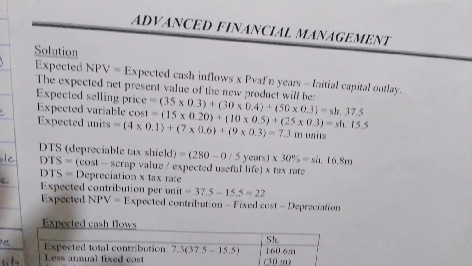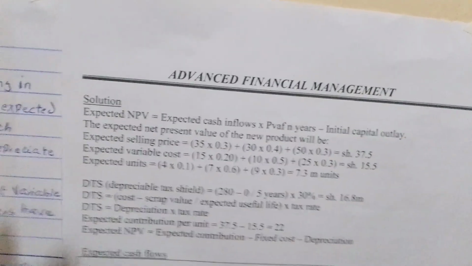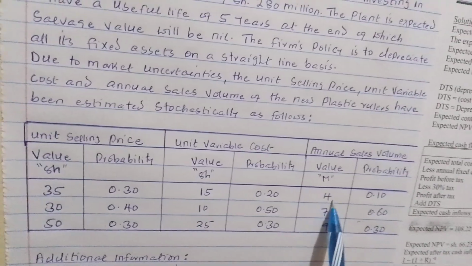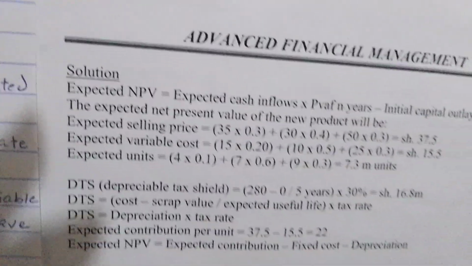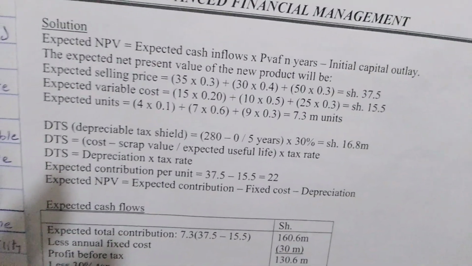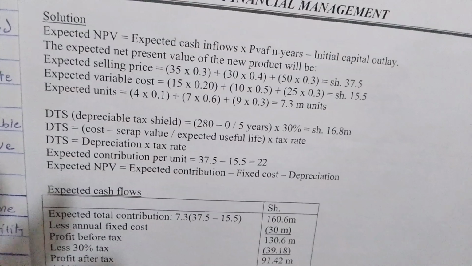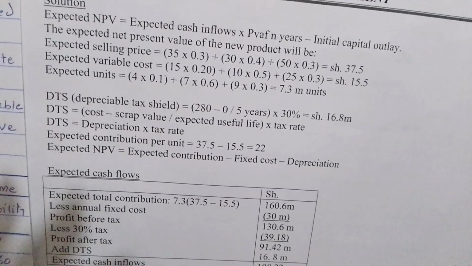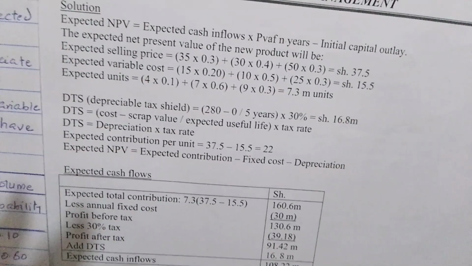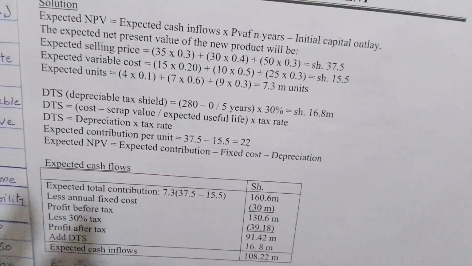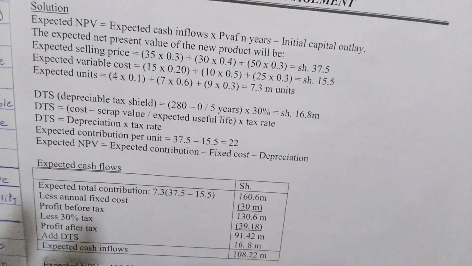7.3 million units. Now those figures are in millions. It's 4 million, 7 million, and 9 million. The next working is DTS, that is depreciable tax shield. Depreciable tax shield is given by depreciation times the tax rate. Our depreciation in that case is cost of that asset minus salvage value divided by expected useful life.